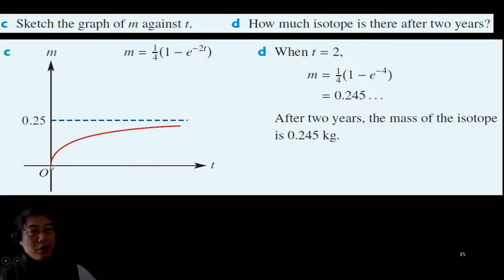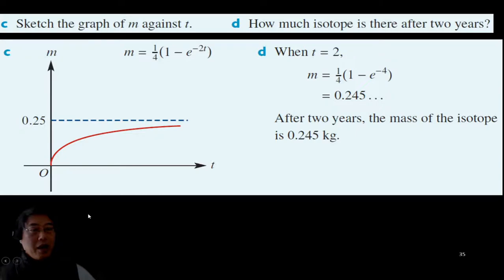You start at 0. So it's an exponential. It goes that way. Now why it looks like that way is, remember, an exponential of e to the x will go that way. Because it's a negative t, you will need to do a reflection in the y-axis, and because it has a negative over here, you will also do a reflection in the x-axis.